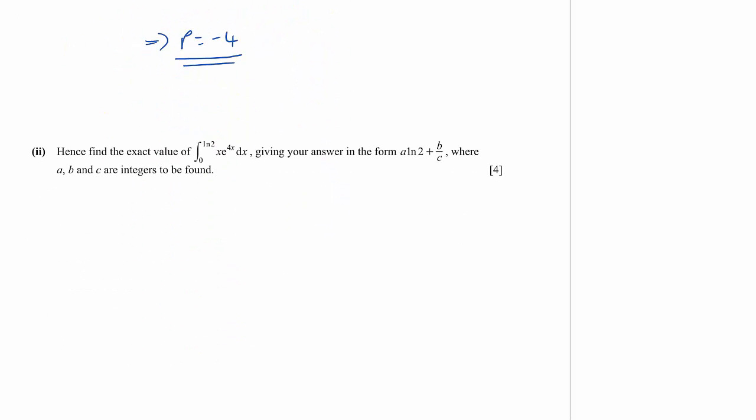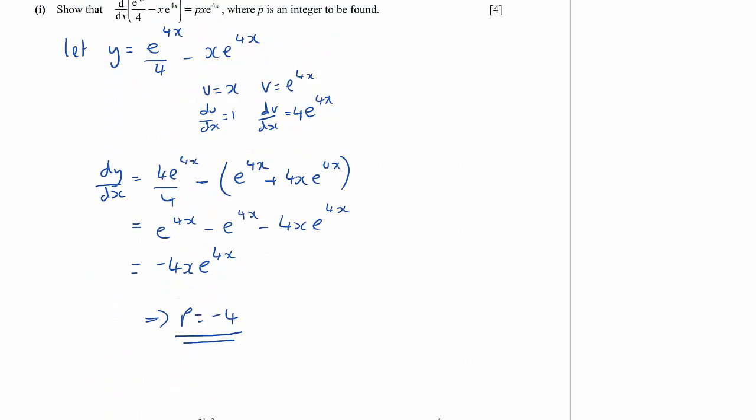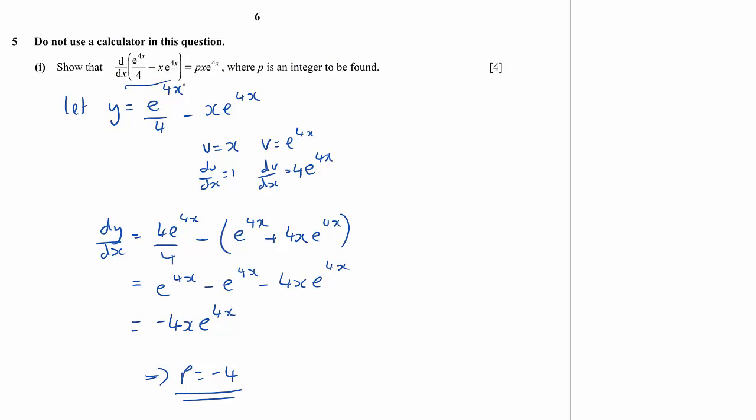Okay, so now we're told that we want to find the value of this integral. So one thing that should be clear is that if we integrate, and we may as well do it from 0 to ln 2, negative 4x e to the 4x, then we must get the expression that we started with up here.